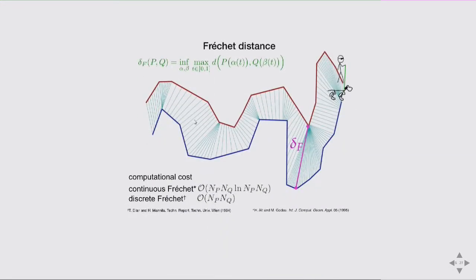So when you start comparing geometries, they're not quick processes. They take a lot of operational time. Often, this one essentially runs in big O of n times m, where n is the number of vertices on where the man's walking, and m is the number of vertices where the dog is walking.